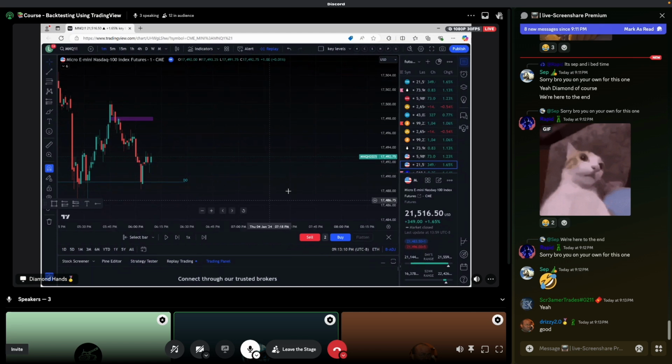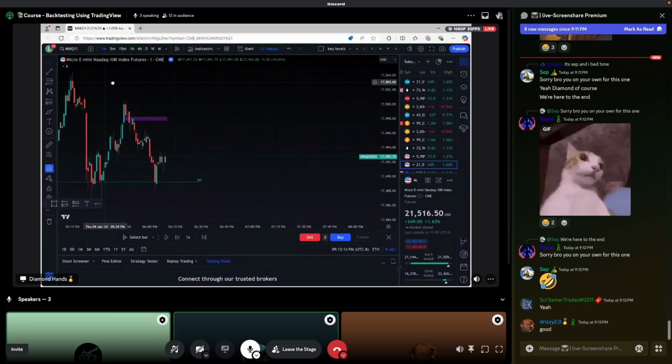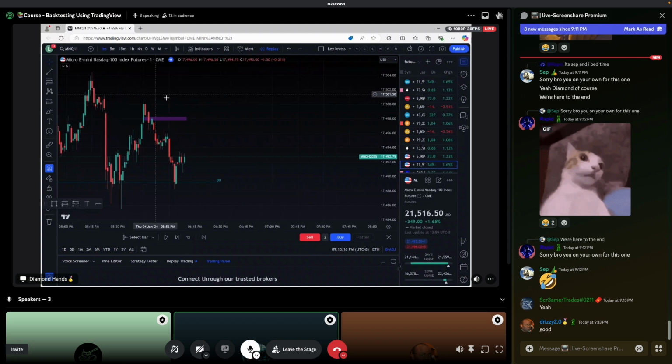So in order, we're gonna start with bar replay, one of the ways to backtest your strategy. Basically, if you have TradingView, you're gonna go up here in the middle.